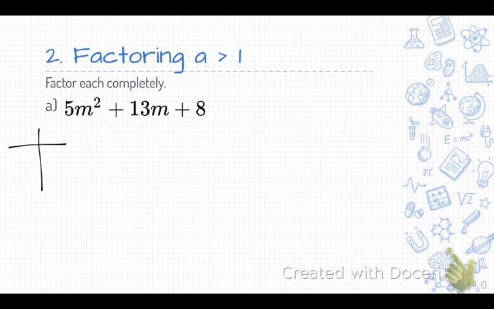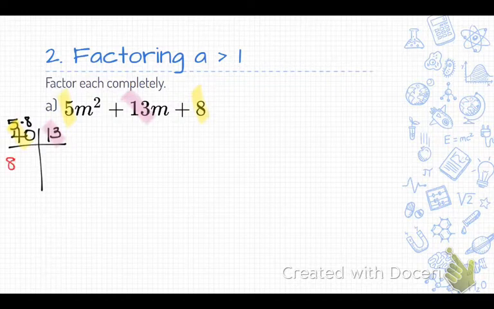So what is a times c for this problem? 5 times 8, which is 40. Good. And what is my b value? 13. Okay. So this goes here, and then this goes here. So what multiplies to 40 and adds to 13? 8 and 5. Do we agree with that? 8 times 5 is 40. 8 plus 5 is 13.